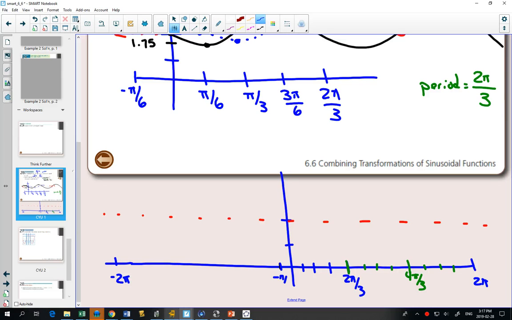Here was negative pi over 6. And here is 2.25 and 1.75. And we started at the maximum there, and then you can just keep switching.